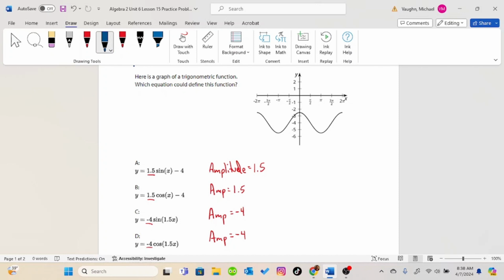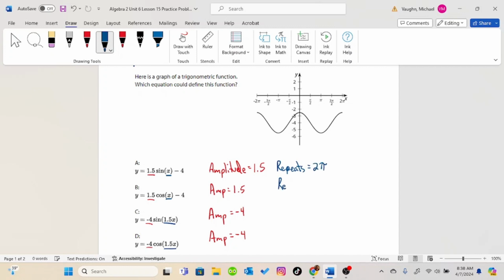Next, we have inside parentheses. Whatever number you are multiplying by x tells you how many times it repeats every 2 pi. So A repeats 2 pi.